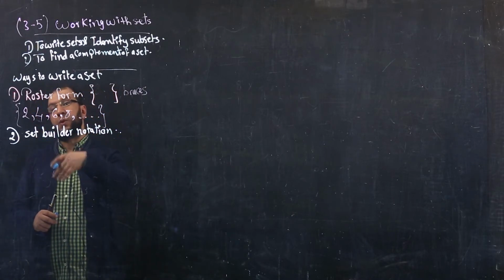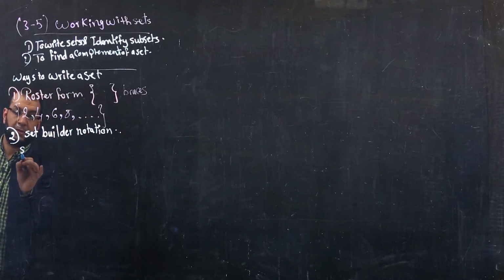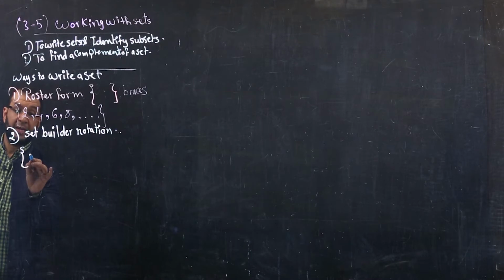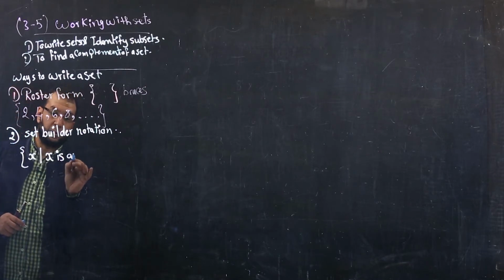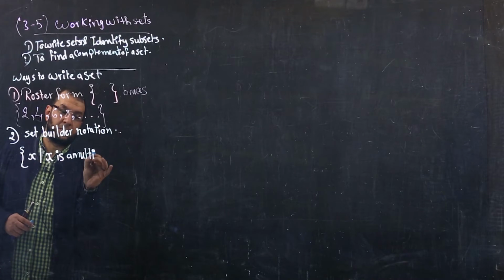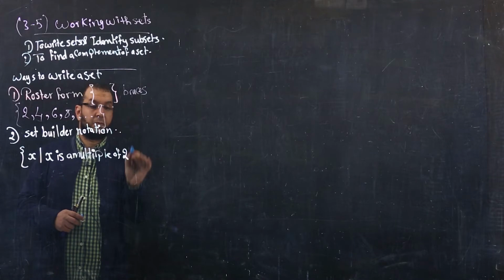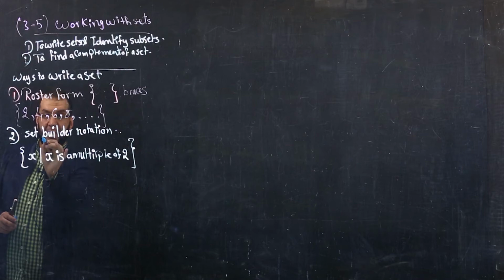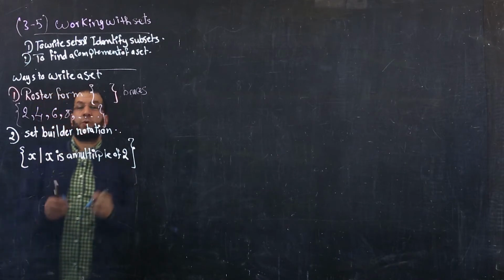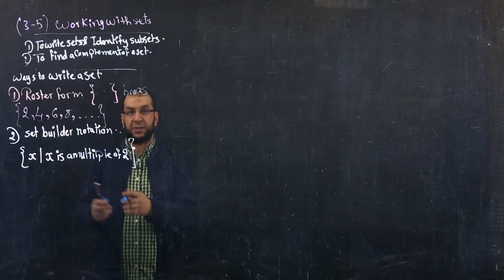If I write the same set, I write it like this: bracket, x such that x is a multiple of 2, and we close the brackets. So it is like a description method. We describe the set.